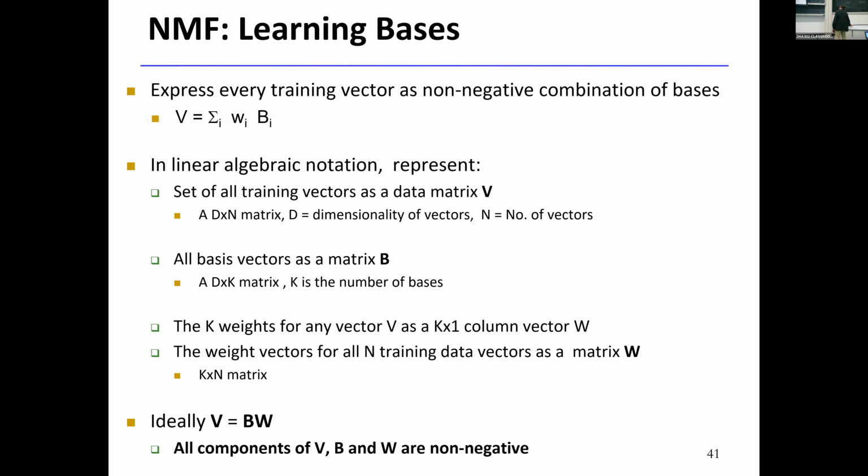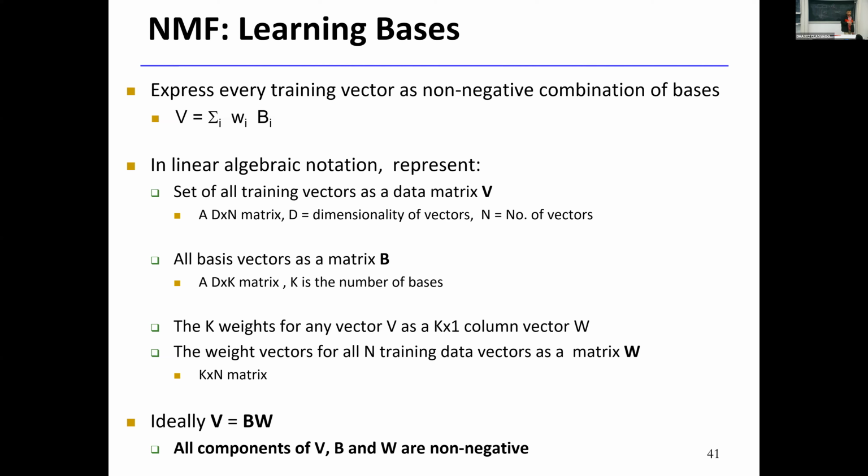So in algebraic notation, I can represent all of my training data vectors as a matrix V. So if these are d-dimensional vectors, it's going to be a D cross N matrix. This is D, this is N, and this is my vector V, right? I can write my bases also as a D cross K matrix.